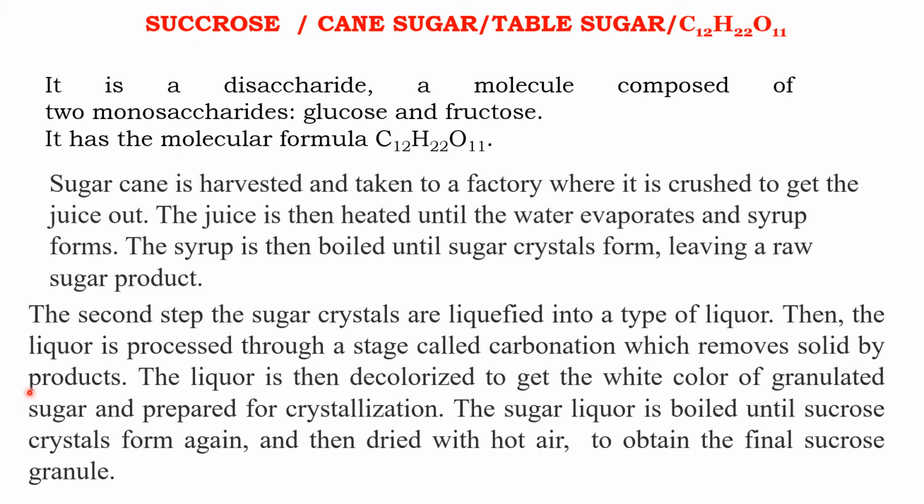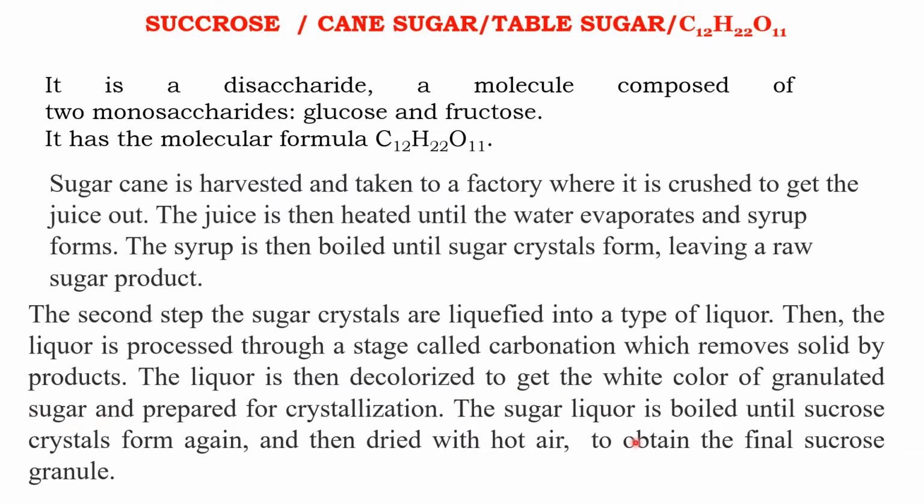The resulting liquor or syrupy solution is then decolorized to get white color. The decolorization is usually carried out by animal charcoal or wood charcoal, so that the pigments of the cane sugar will be adsorbed and we will get the white color of granulated sugar.